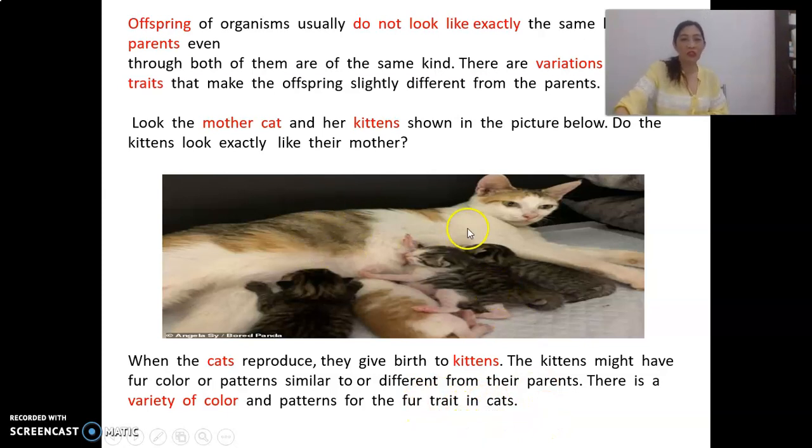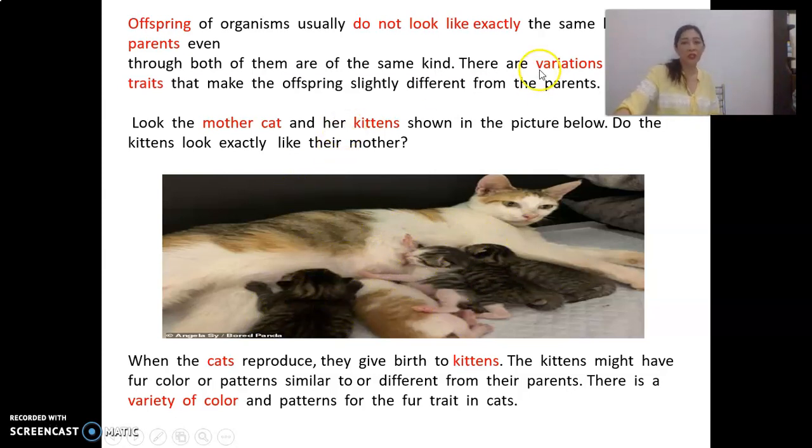So look at this parent and offspring. The color of the mother is white. There are yellow kittens and some black or gray. They have only one kitten the same as her mother, and the other is a different color, gray or black.